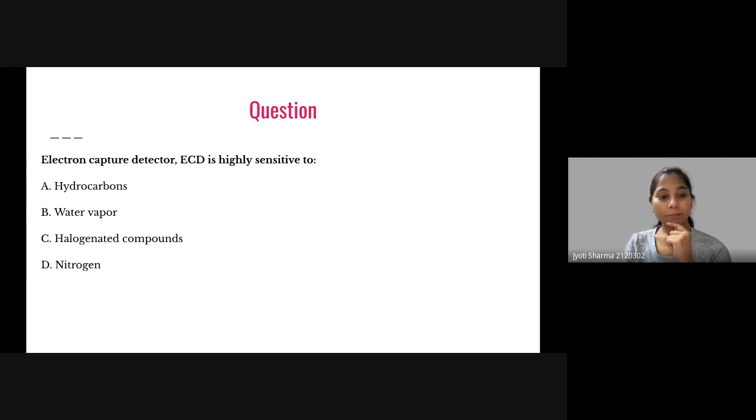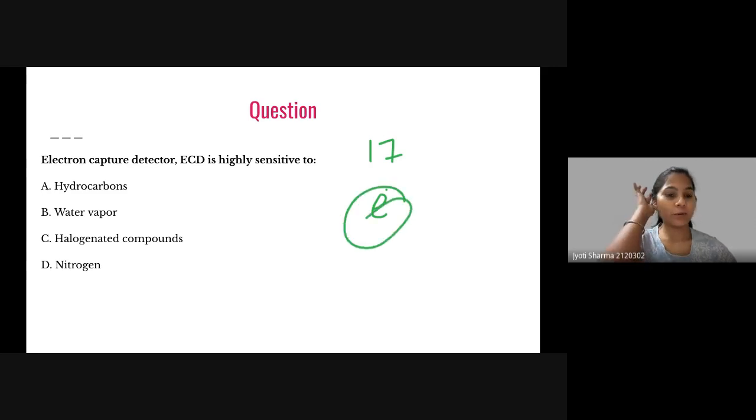Yes, if it is the electron capture detector, then it is good and highly sensitive for halogenated compounds. Because if you know that this is the 17 group, and 17 group easily can give or accept this electron, right? And that's why this is highly sensitive for halogenated compounds.